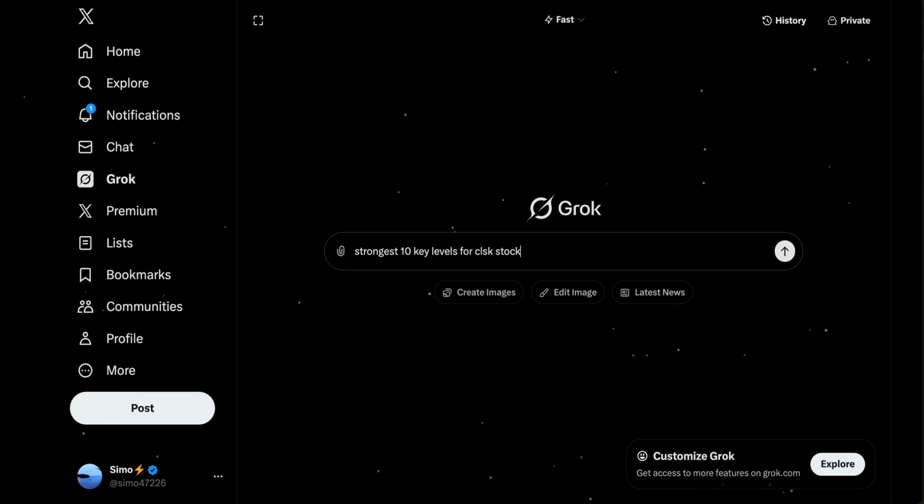CLSK stock. Excluding the all-time high and low. Let's go 50 words in a grid.